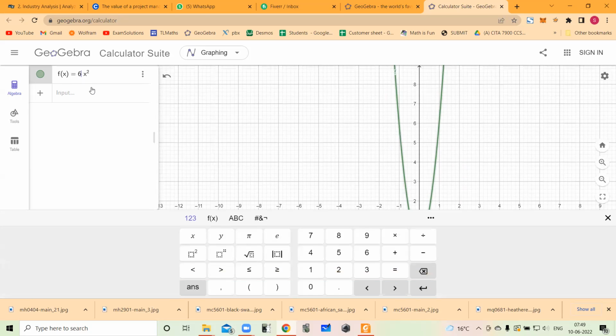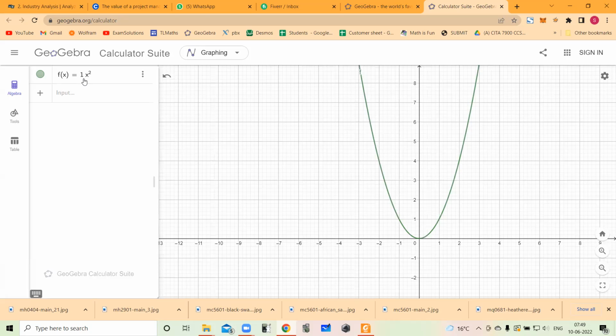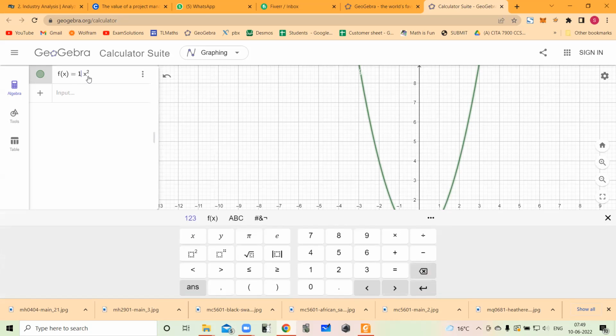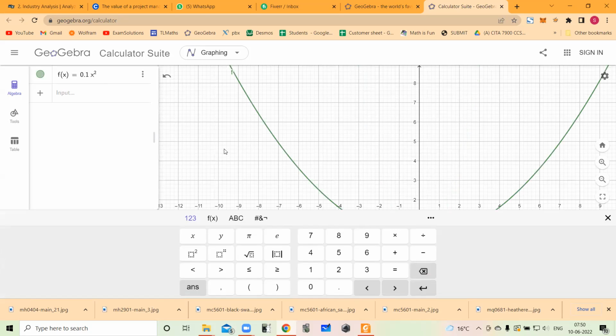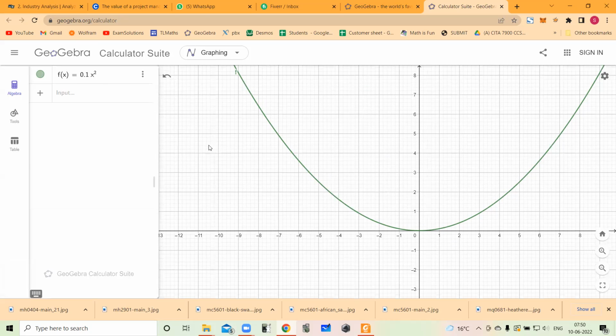So when you increase A, the parabola will get more and more contracted, right? Now let us put it back to 1. Okay, this is the parabola. Now I want to decrease it by some number, for example, this is 1, I'll put it 0.1. So I've decreased it. What has happened? Oh, it expanded.